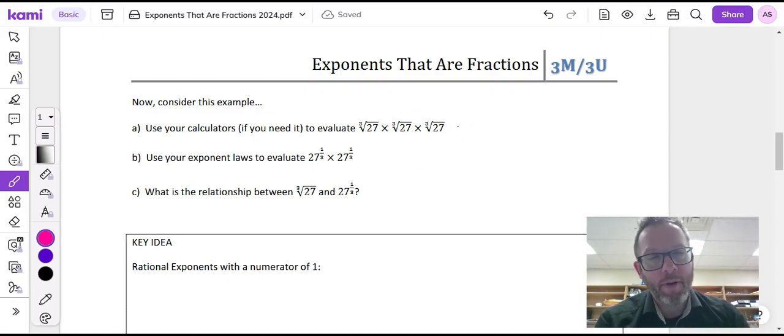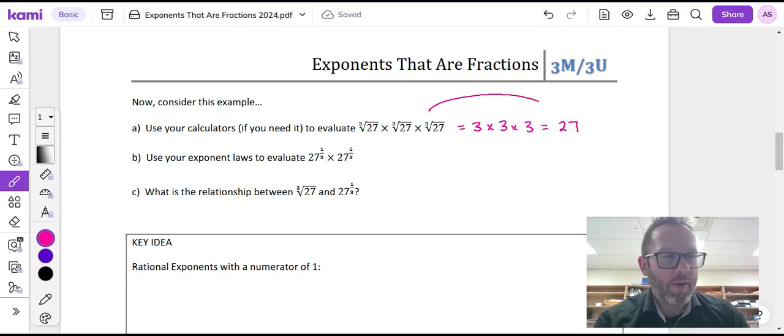Well, the third root of 27 is 3. So this is like 3 times 3 times 3, and this is equal to 27. Hopefully you can see how we could have just gone right there, because by the very definition of what the third root means, when you take the third root of 27 and you multiply it by itself 3 times, you should get exactly 27, and we do.